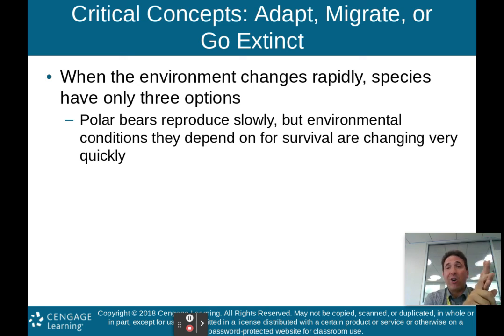It's also very hard to migrate when environmental conditions are changing so fast. And as a result, this is why we seem to be in the 6th mass extinction currently, because creatures are not able to adapt and migrate because we're changing the environment so quickly that unfortunately their only choice is to become extinct. And obviously that's not a choice, but that's just what occurs.